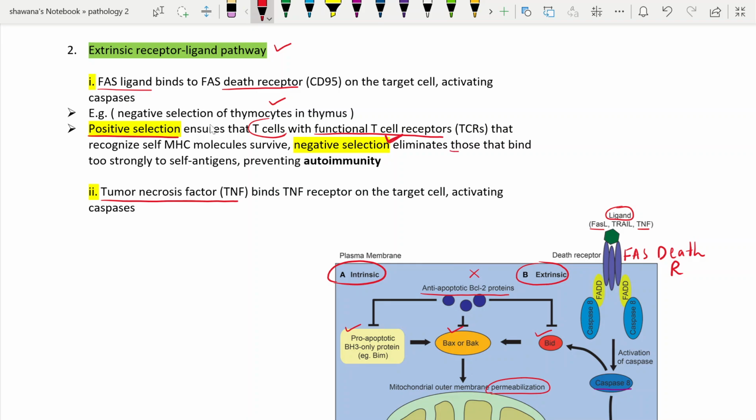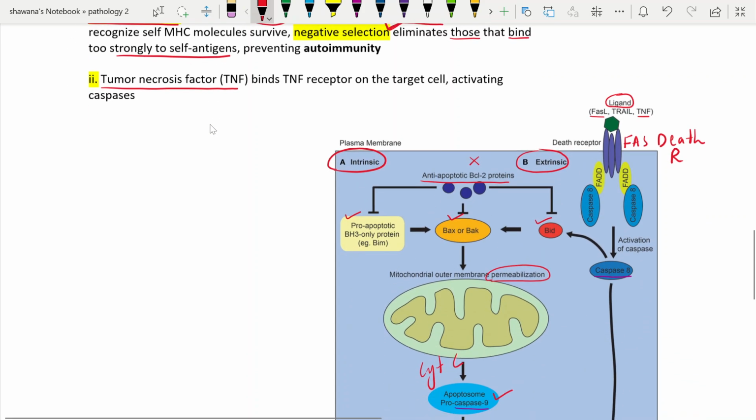Those T cells that bind strongly to self antigens, meaning T cells which recognize our own cells as antigens. If those T cells are not removed immediately, it leads to autoimmune disorders, for example lupus, for example rheumatoid arthritis. So these T cells have to be removed, and they are removed by apoptosis.